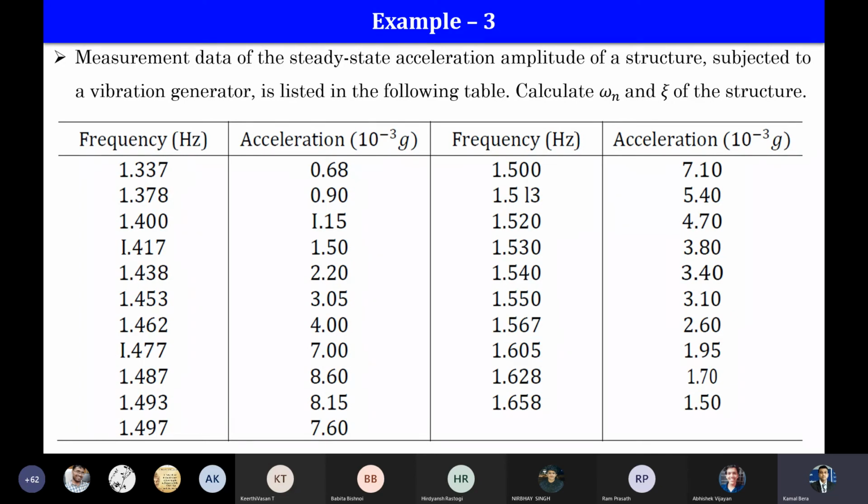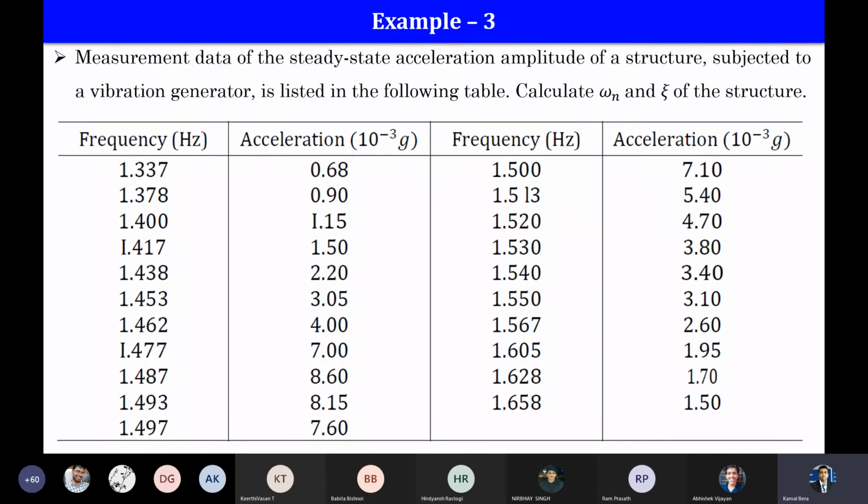Yes, so for different frequencies, the transmitted acceleration is given. At different frequencies I got the steady state acceleration amplitude, right? Yes, sir. Then it is asking to find the natural frequency and zeta.